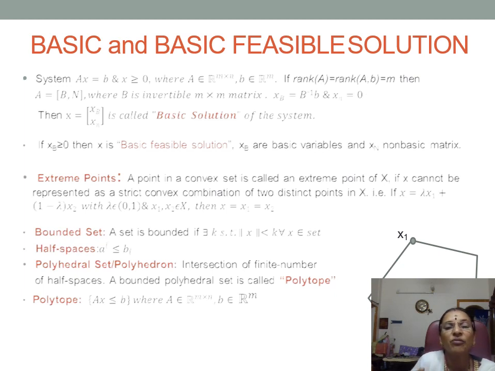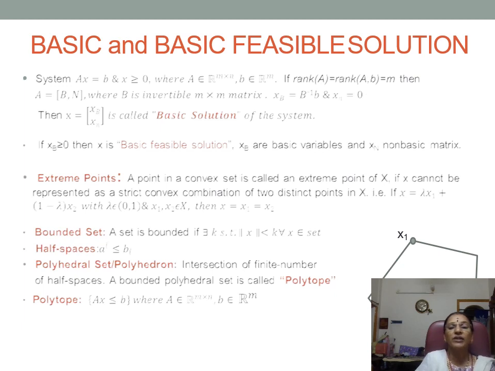In this, we want min z, among 20, 30, 40, the min is 20. So min z equals 20. The variables satisfying min z equals 20 are called the basic feasible solution, basic variables. The remaining are called the basic feasible variables or solutions.